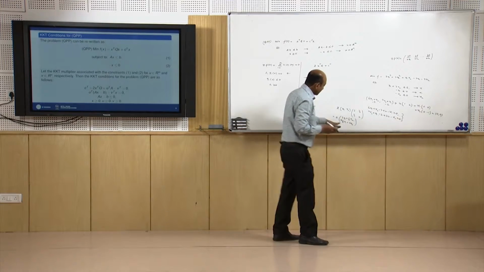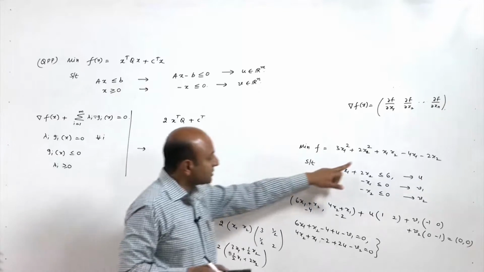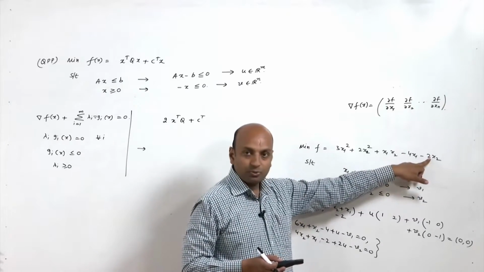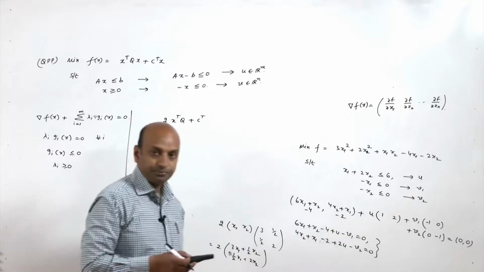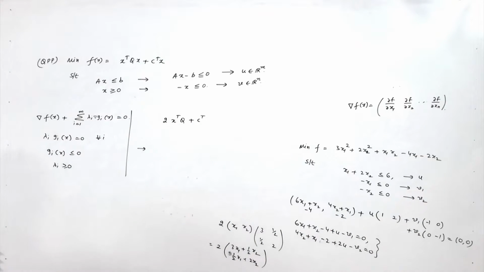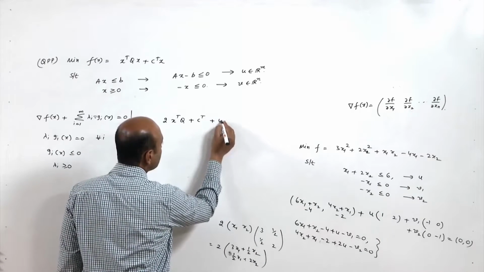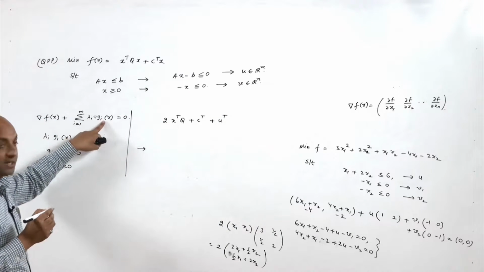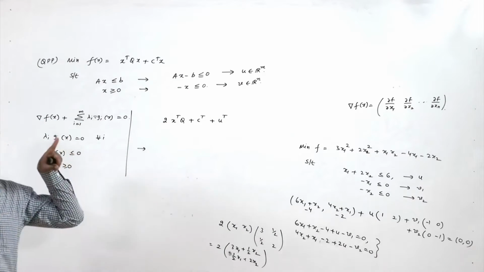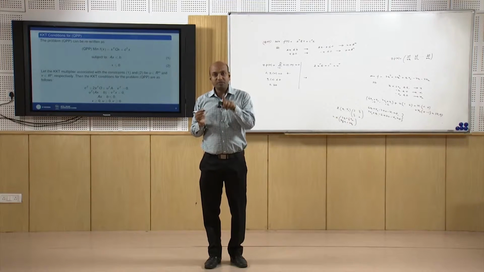So the first term is this term plus c transpose. C transpose here is minus 4, minus 2, which we add here. Then plus u transpose, because it is the sum of lambda i with gi, that is lambda 1 g1 plus lambda 2 g2 and so on up to lambda m gm.